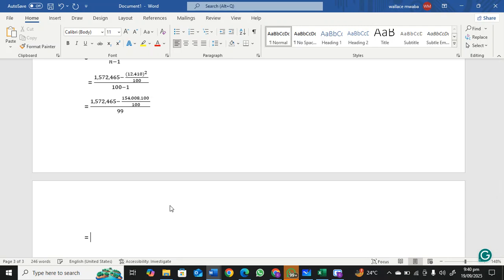Step by step, because usually in maths, when you're solving questions, you get more marks when you do it step by step. So this 154 million divided by 100, you get 1,540,081.